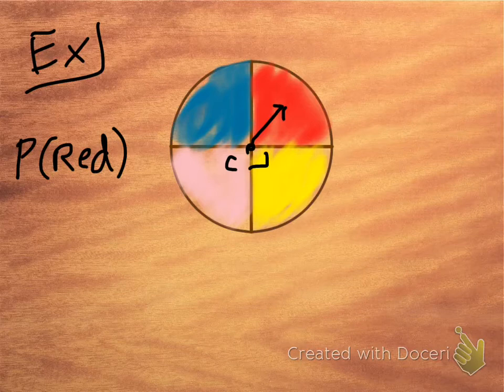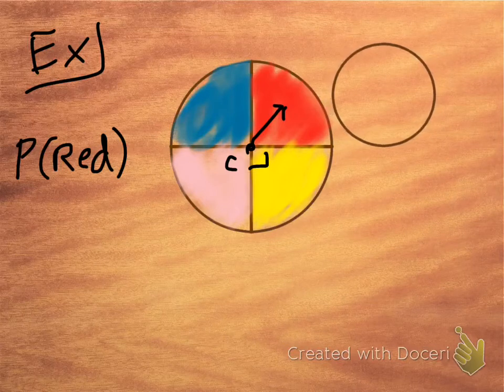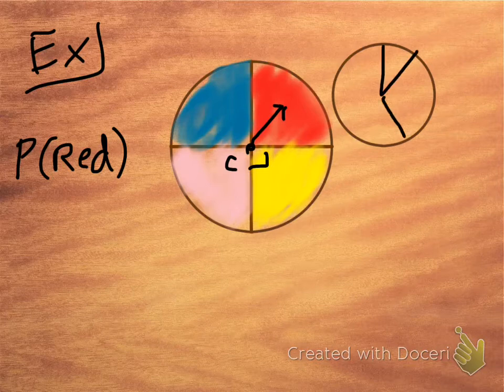A common mistake is just to say, oh, there are 4 colors, so it's 1 out of 4. Well, that's not necessarily true, because you could have something like this. You could have a circle like this where you have 4 colors, one, two, three, four, but clearly this one has more of a chance of success than this one, because the areas are different.